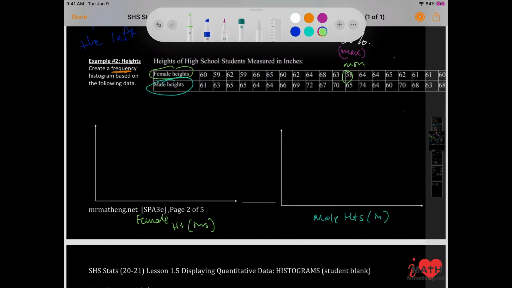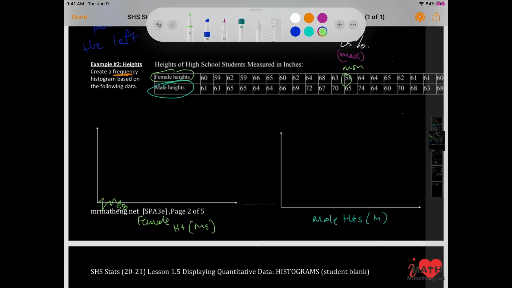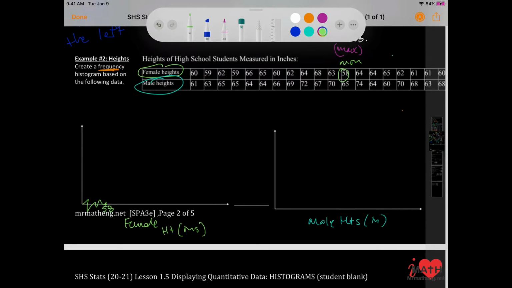Which means that the smallest number that I'm going to have here on my bin is 58. Okay? That's my little earthquake, the squiggly. Remember to skip all the numbers between 0 and 57. And then I'm going to look at my max. The max height I see is maybe 68.